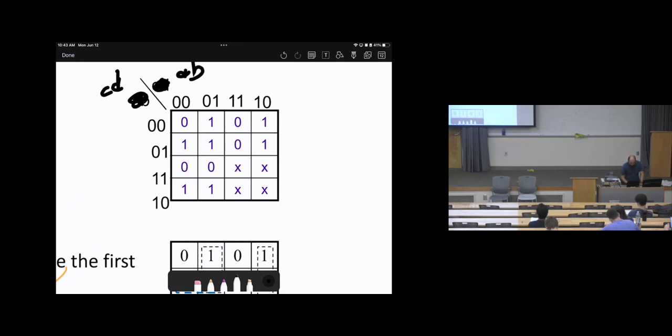So if we don't want to use the don't care, we can group these two alone, these two alone, these two alone, and these two alone. So this will not be very simple.